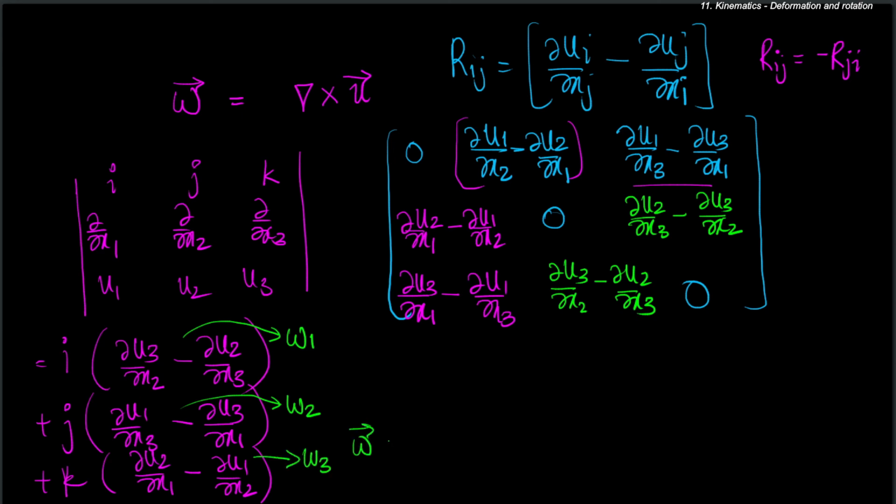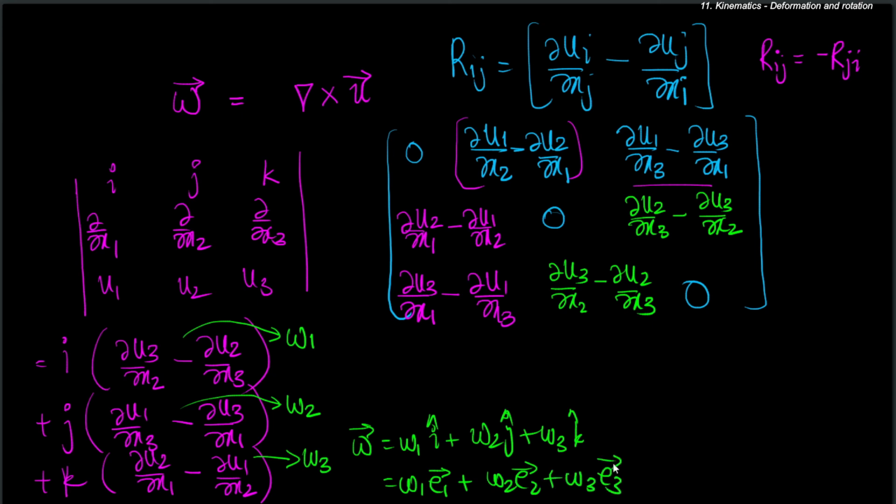So the omega vector is essentially omega 1 i plus omega 2 j plus omega 3 k, or effectively we can write it as omega 1 e1 plus omega 2 e2 plus omega 3 e3, and thus this rotation tensor can also be written as 0 0 0. Now look, del u1 del x2 minus del u2 del x1, this particular term is minus omega 3.